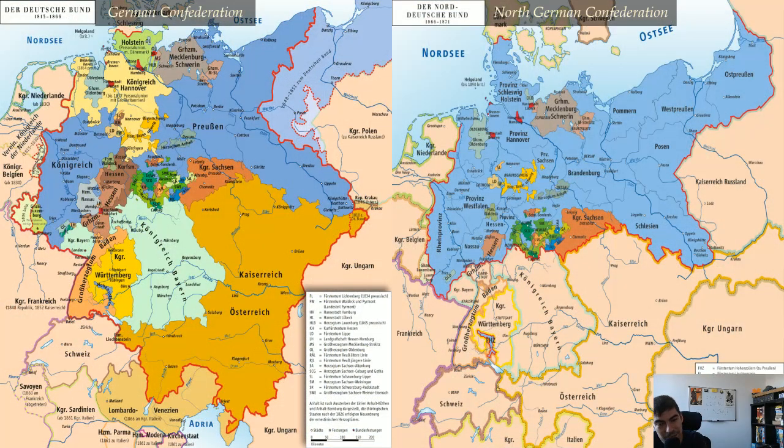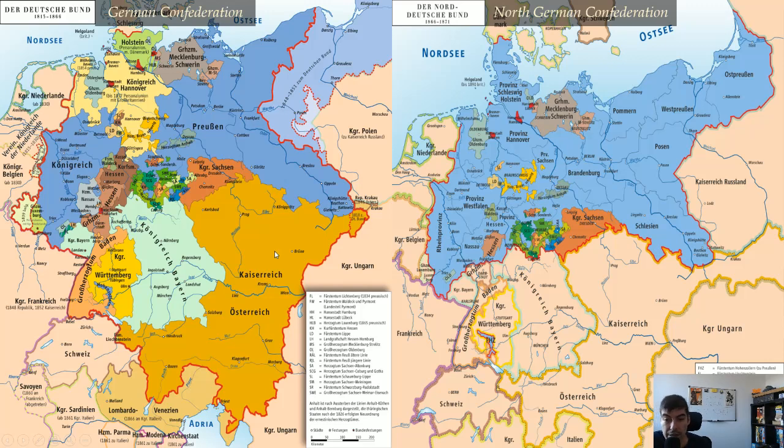So let's see this with a map because it's easier. Here you have the German Confederation that resulted from the Congress of Vienna, this red line, okay? And the state in blue is Prussia, and this is Austria, okay? Part of Austria and Prussia.